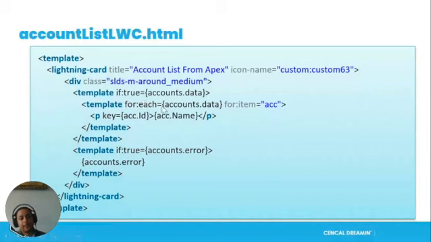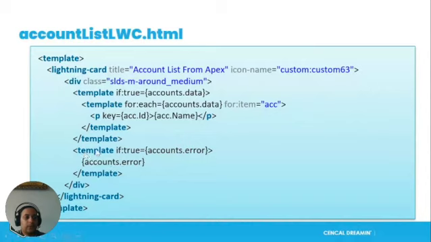If I have data, I will show the Id and the name. This for:each is just to loop and show data, and I use acc to call the Id and the name. After that, if I have, for example, an error, I can show the error also with accounts.error.